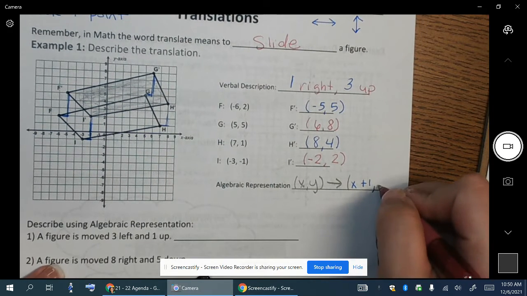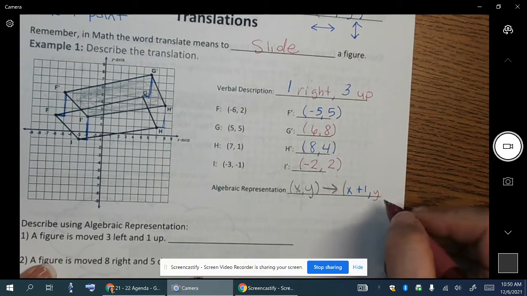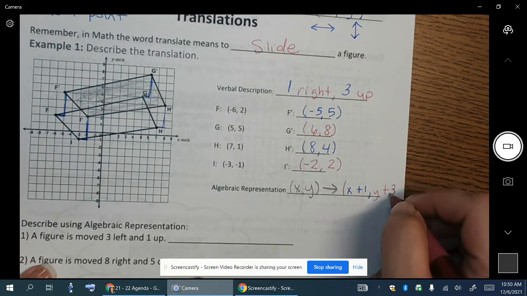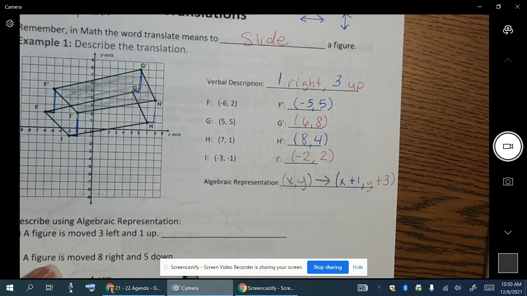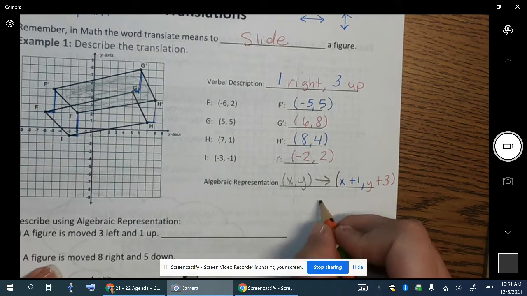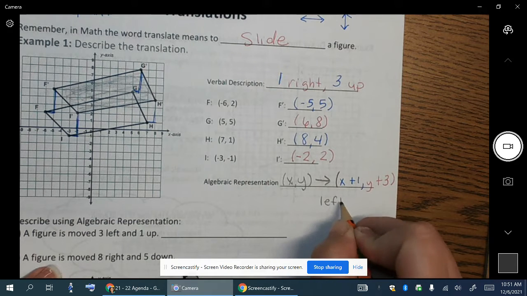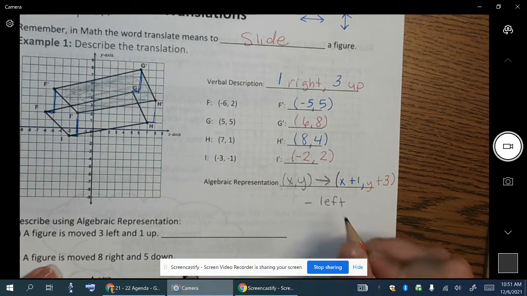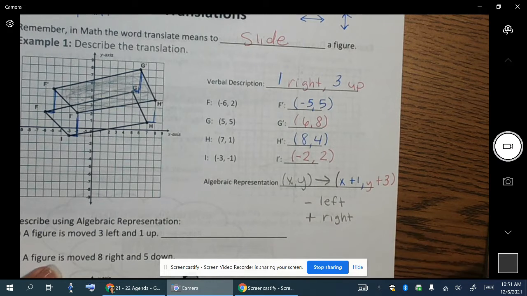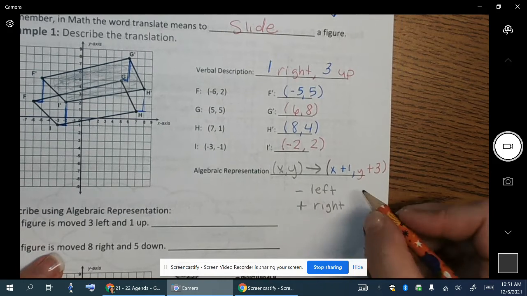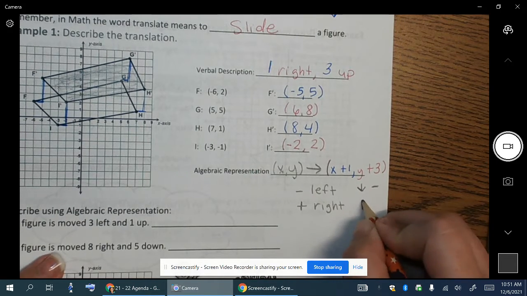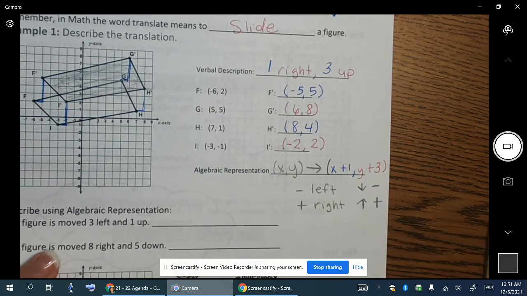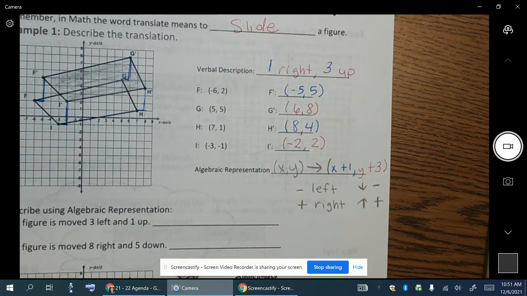We went up. Is it plus or minus? Plus 3. And that's how you do it. Okay? So it's pretty simple. Left is going to be minus. The right is going to be positive. That's the thing that people mix up. Y'all are pretty good about knowing that down means negative and up means positive, but the left and right trips people up a little bit. Okay, you have to know that.